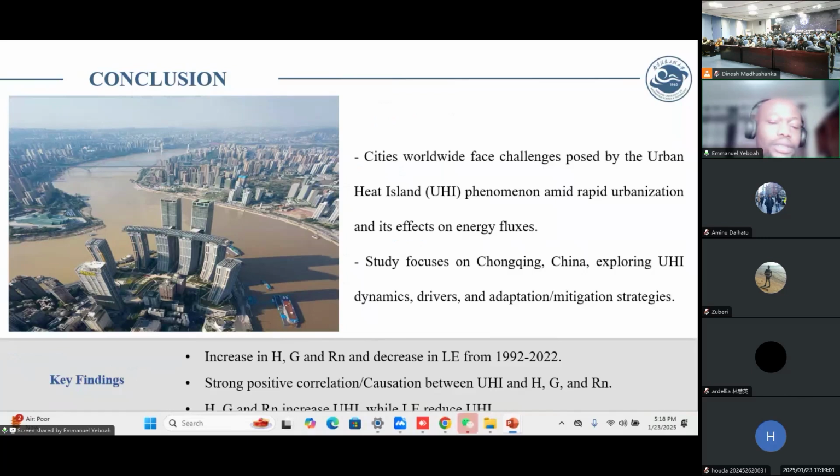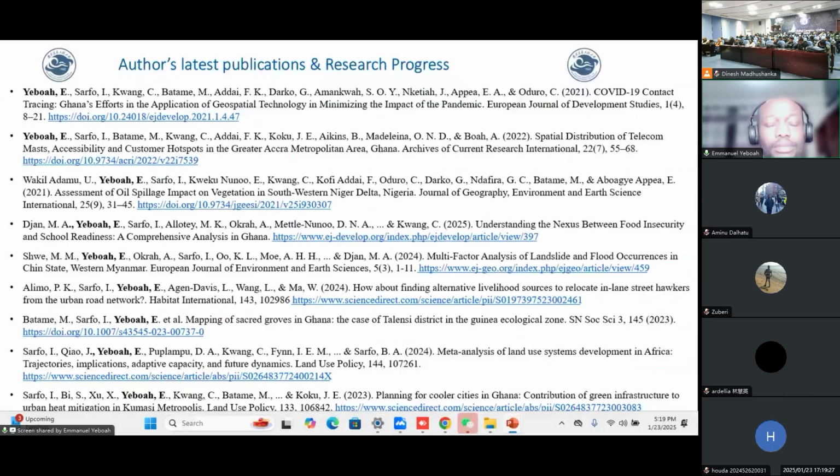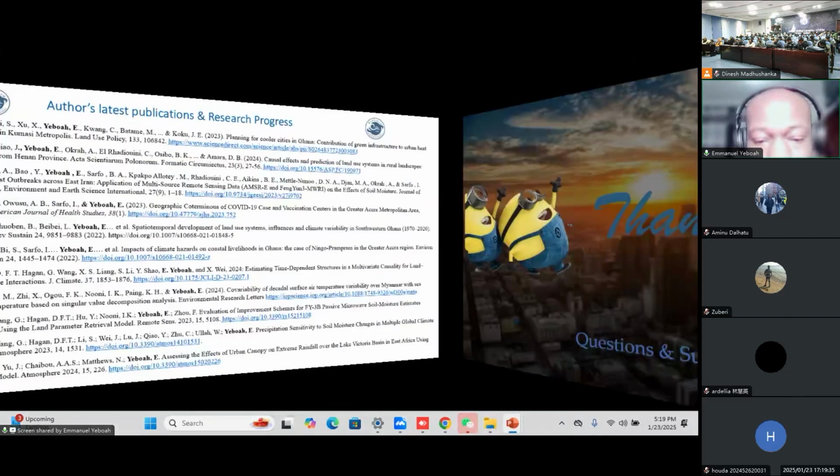That is because as the land changes, impervious surfaces tend to increase, resulting in sensible heat, ground heat, and net radiation increases, which tends to amplify UHI. It becomes more prominent during extreme hot and dry events. That is it, and these are my publications as well as co-authored publications. Thank you. If there are any questions or suggestions, I'll be happy to address them.